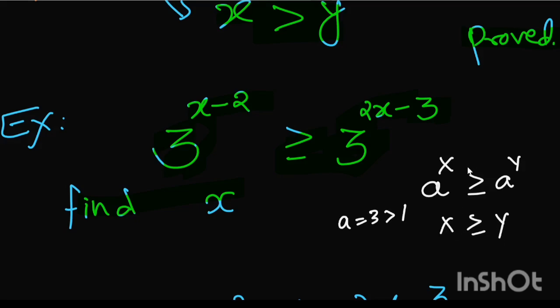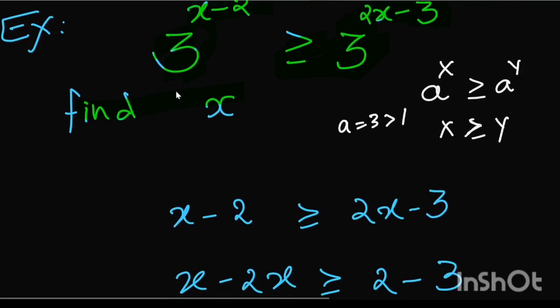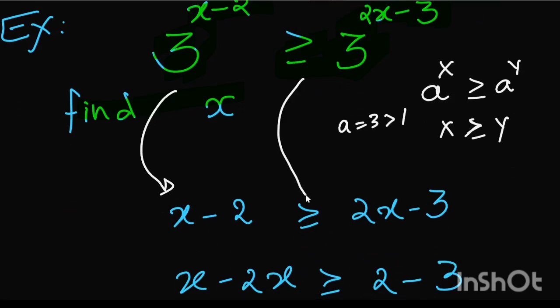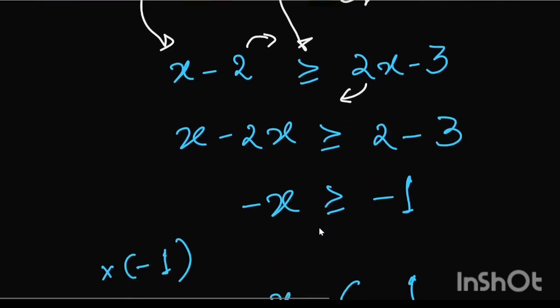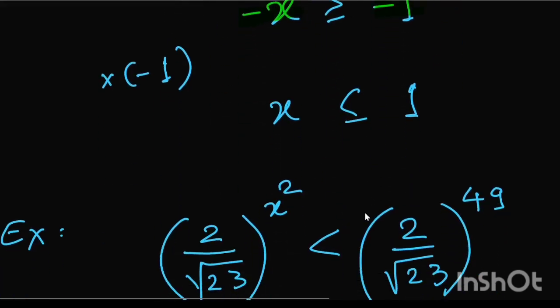So directly the powers are associated by the same sign of inequality: x minus 2 is greater than or equal to 2x minus 3. As you can see here, the sign isn't changed because the base is greater than 1. Taking 2x to the left-hand side and minus 2 to the right-hand side, this becomes minus x greater than or equal to minus 1. Multiplying by minus 1, the sign gets reversed: x less than or equal to 1 is the answer.